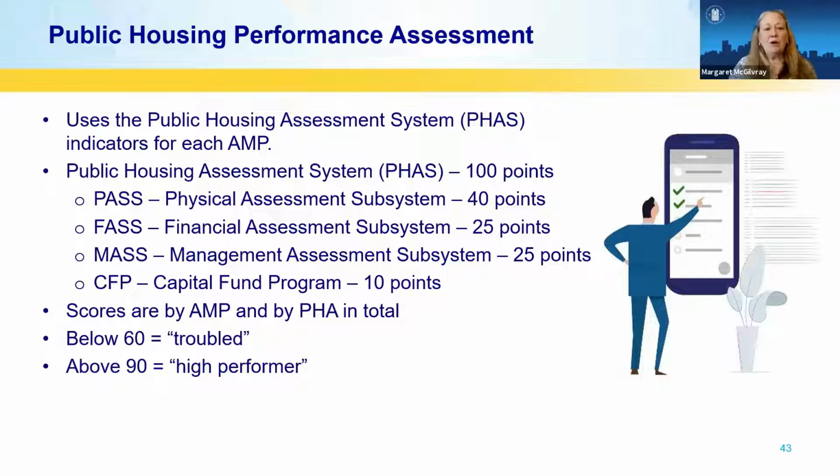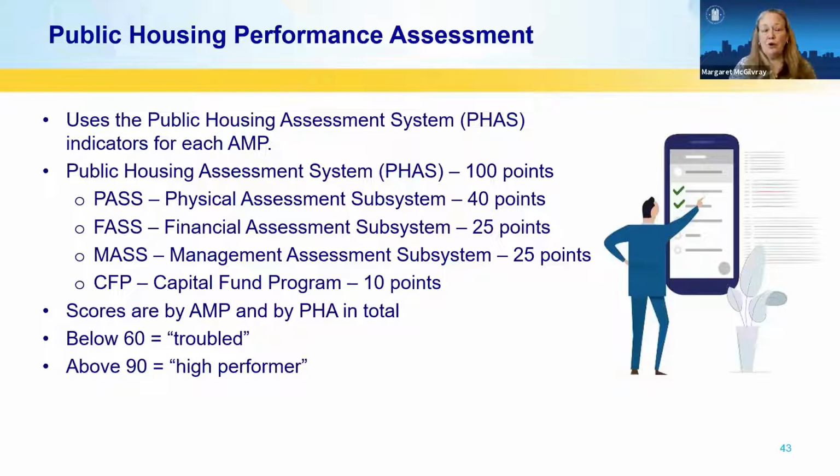A second subcategory is the financial assessment subsystem, or FASS, which is worth 25 points and is based on a number of financial indicators that we'll get into in a moment. Then there is the management assessment subsystem, or the MAS, which is also 25 points and looks at some of the property management side of things and how you are actually operating your housing units versus the physical condition of your housing units.